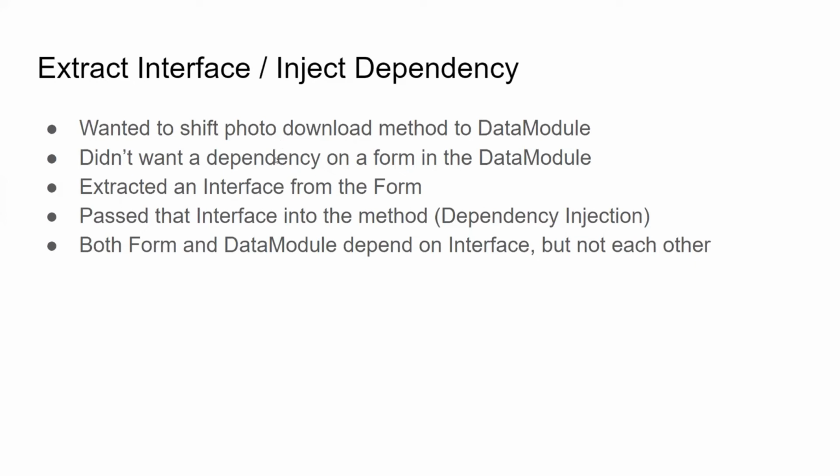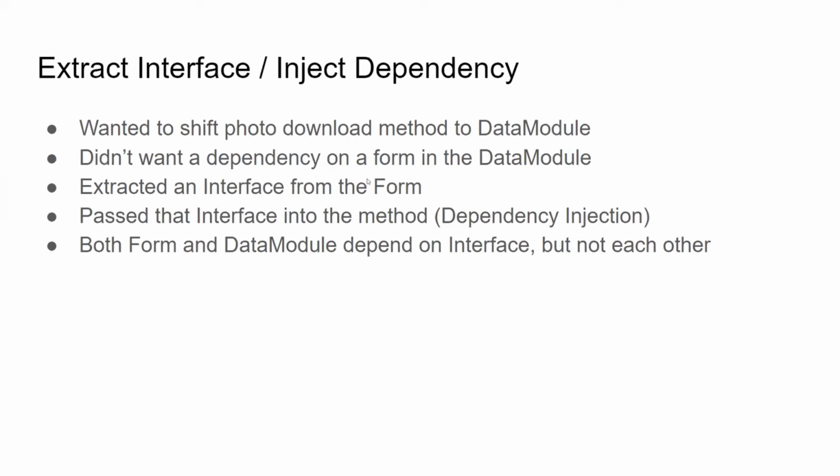So we took our form. We did not want that form being referenced from the data module, because we lose all our cross-platform compatibility and what have you. And instead, we extracted an interface from that form.